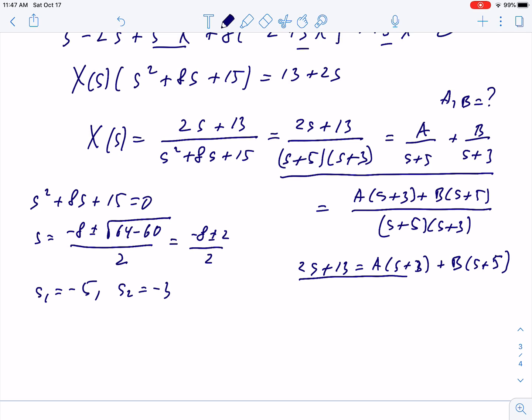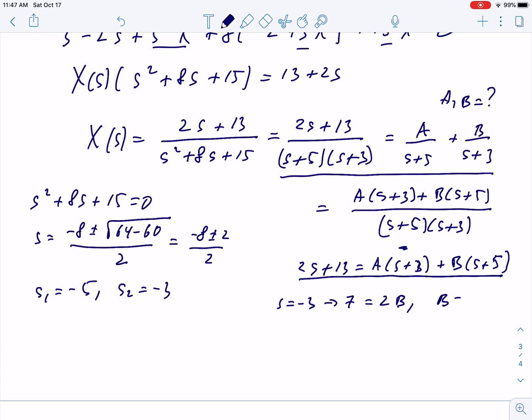From this equation we have to determine A and B, and we have two convenient values. When we take s to be negative 3, this term here will be 0. On the left side we have negative 6 plus 13, which will be 7. And this term is 0, and the other term will be 2.